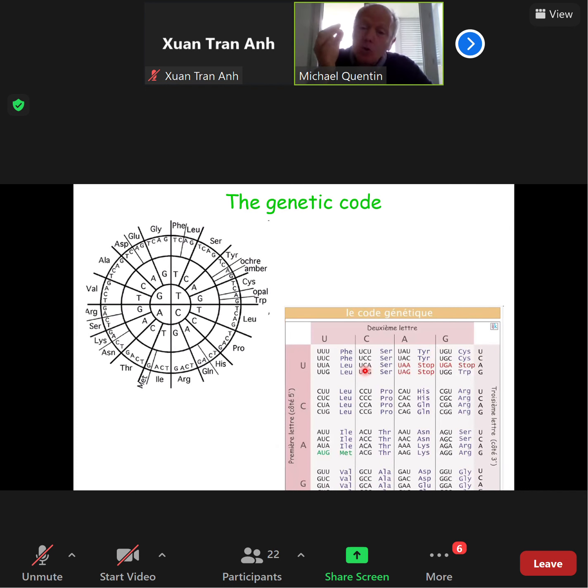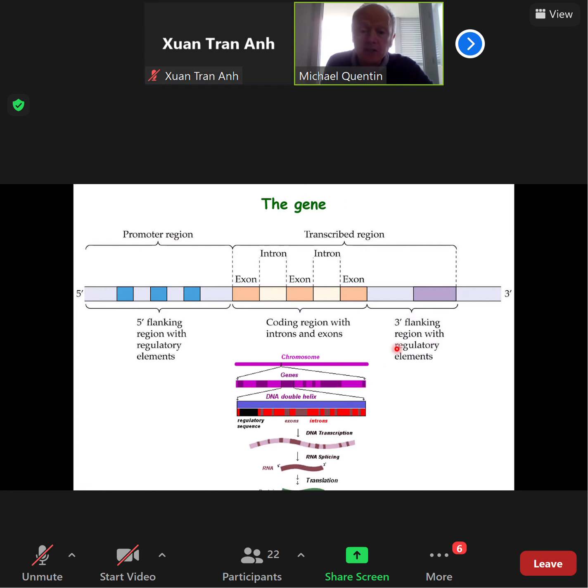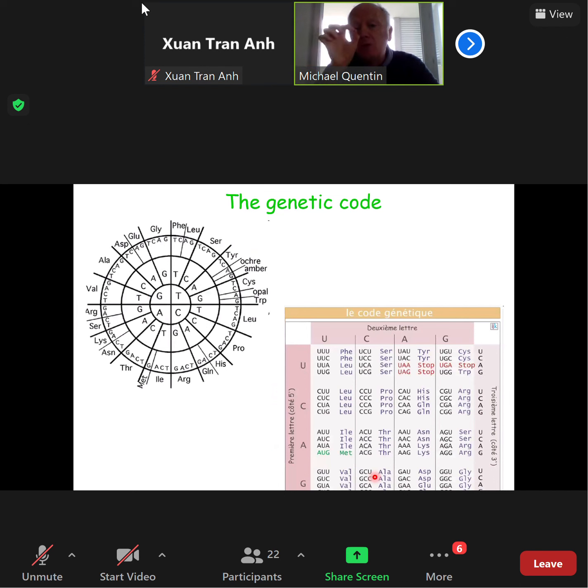Then you must know what the genetic code is. You remember that the open reading frame of the messenger RNA will be read by the ribosome, and each codon in the RNA sequence will allow production of one specific amino acid. For example, UCU is encoding for serine.